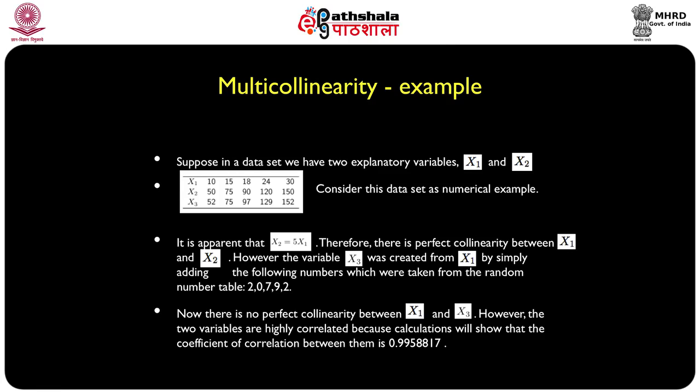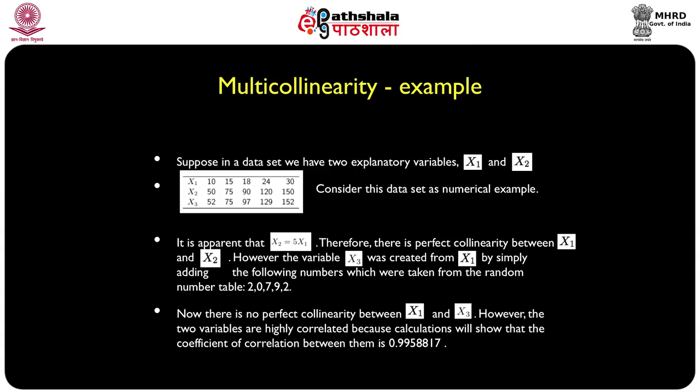But the variable x3, which was also created from x1 by simply adding the following numbers which were taken from the random number table, the numbers being 2, 0, 7, 9 and 2, is said to have partial multicollinearity with x1, where x3 can be written as 5 times x1 plus the numbers taken from the random number table.